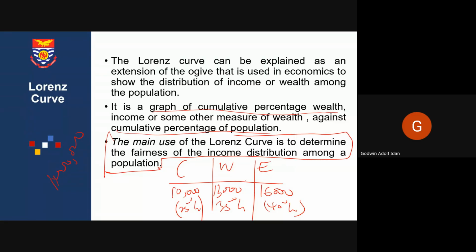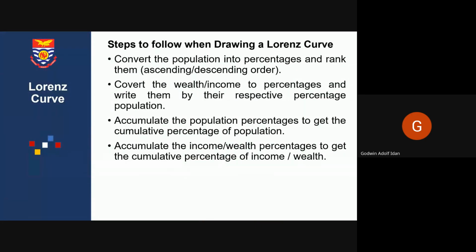Now let's go through the steps in drawing our Lorenz curve. Step one says that convert the population into percentages and rank them using ascending or descending order.